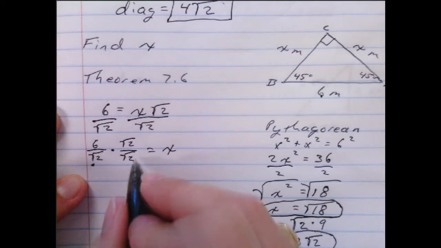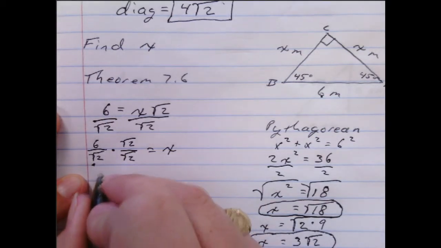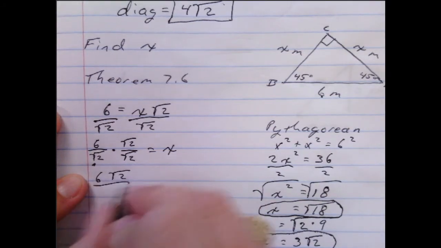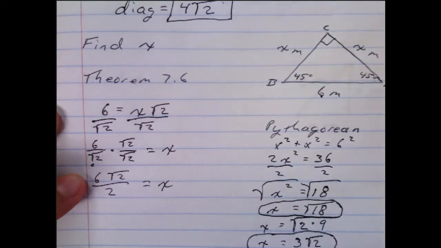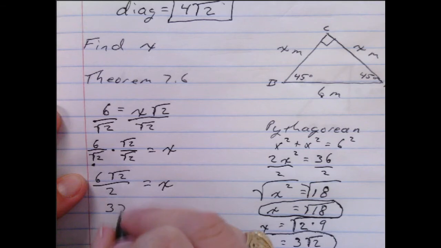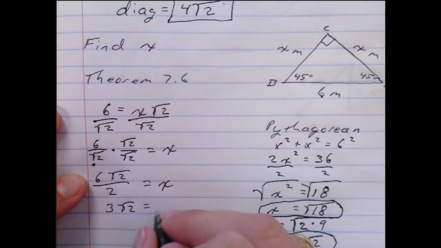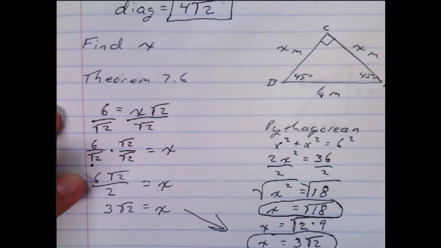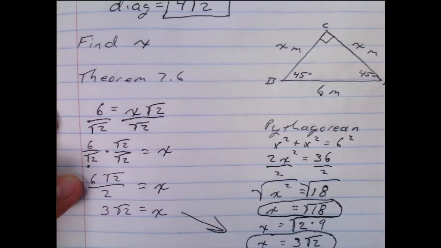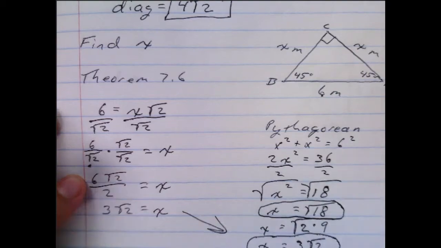So square root of 2 times square root of 2 would give us just 2. So we have 6 square root of 2 over 2 equals x. And what is 6 divided by 2? Gives us 3 square root of 2 equals x, which is what we got on this side. So it's the same thing, just two different ways of doing it.